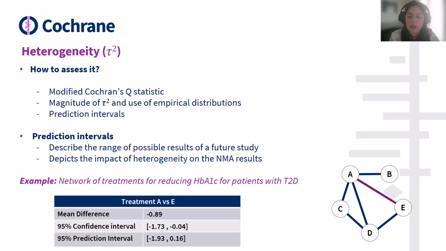However, the 95% prediction interval includes 0, suggesting that in future studies we may not observe a significant difference. This highlights potential between-study heterogeneity.